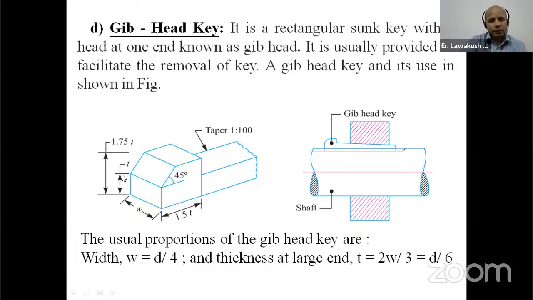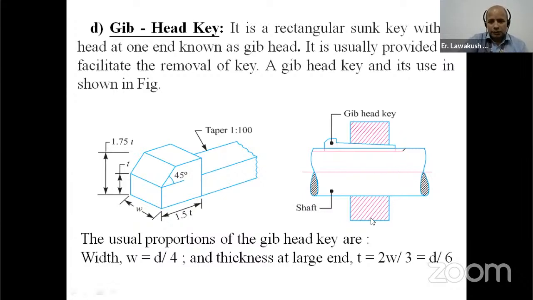The thickness is here as small t and width is as small w. This portion is 1 t and this portion is 1.75 t. It means that if you have small t, that is the thickness of the gib head key, then you can find out most of the portions of this key.